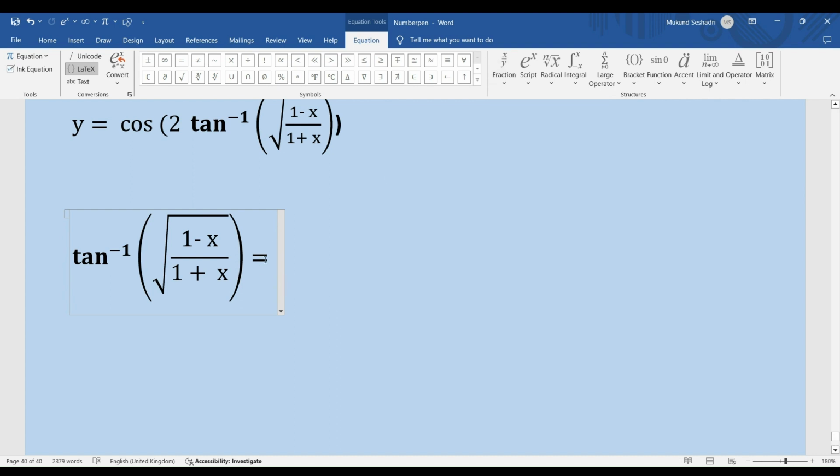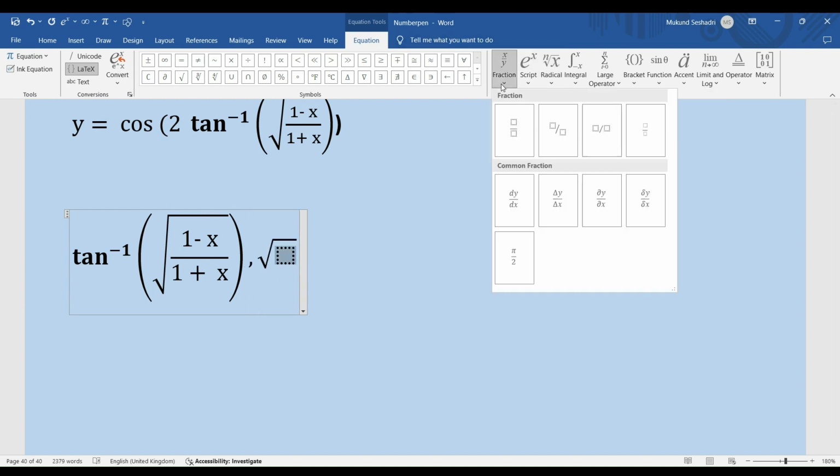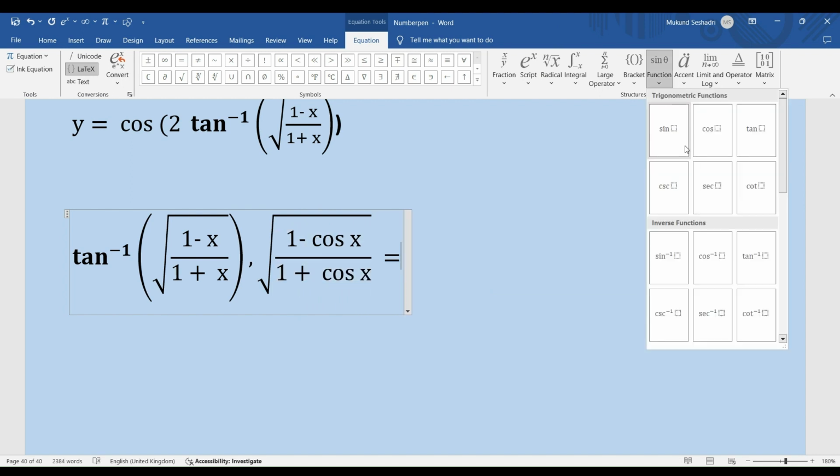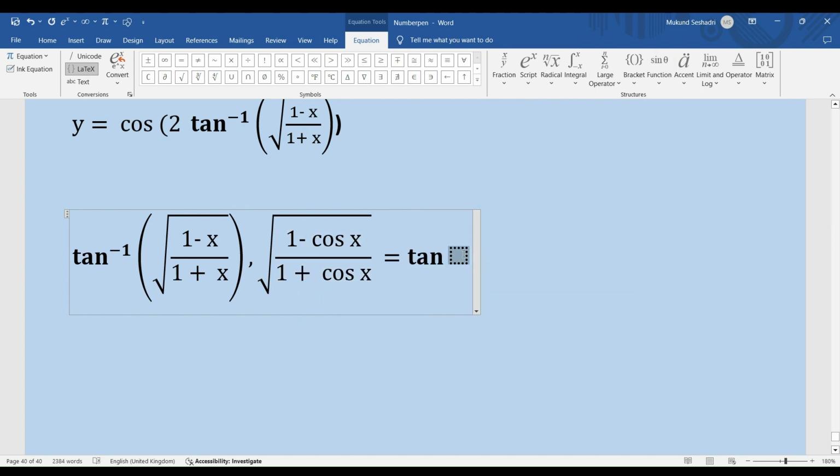So what we have solved for as a part of the problem is this particular identity, right? So I have square root of (1 minus cos x) divided by (1 plus cos x) equals tan of x by 2, right? And we're going to use this particular identity to solve the problem, right?